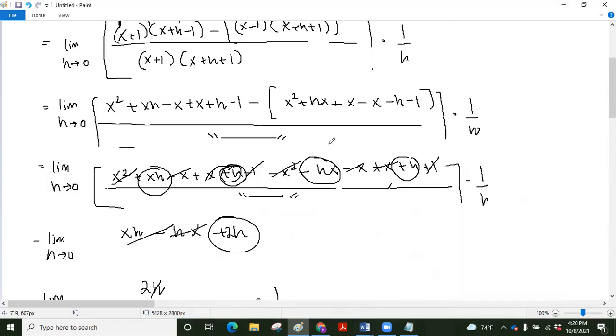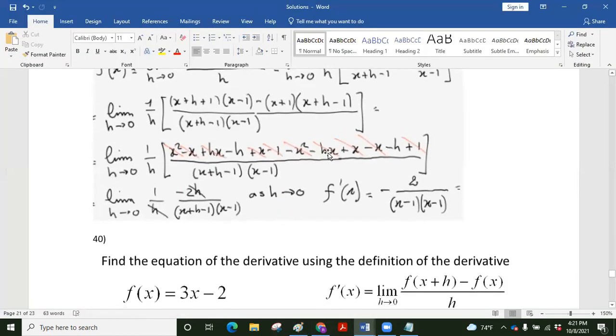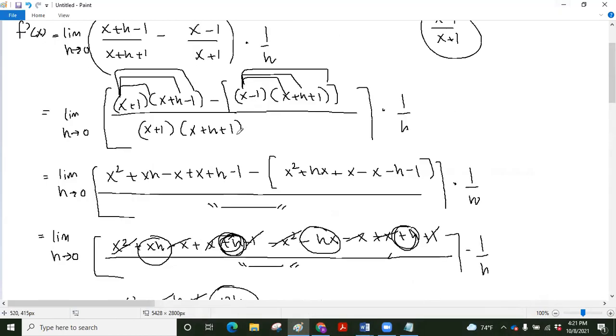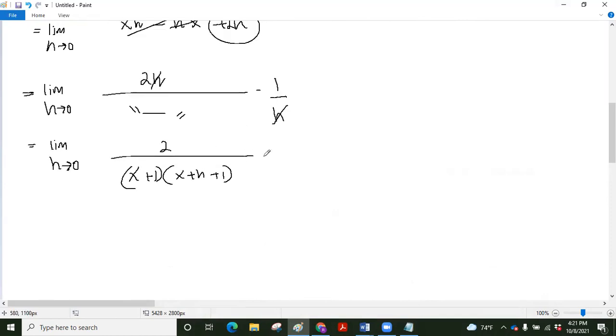So we'll figure out why that is 2h, right? So this h and this h should be 2h, in my opinion. Yeah, it should definitely be 2h, so they made a mistake there.